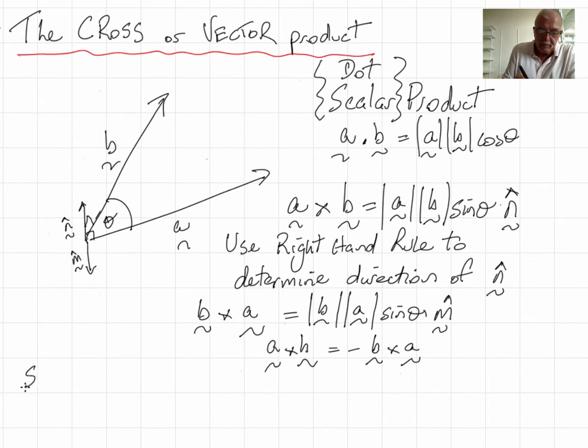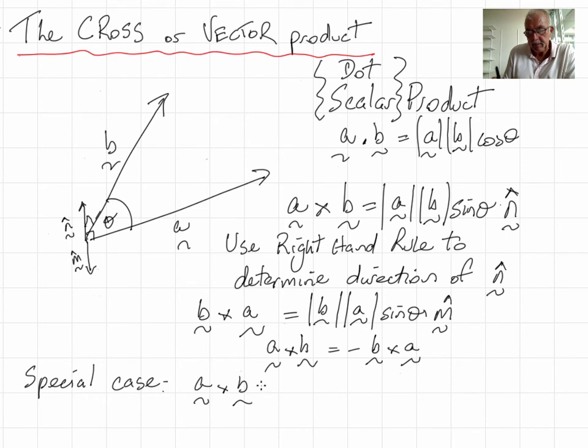Special case. What happens when A cross B equals the zero vector?